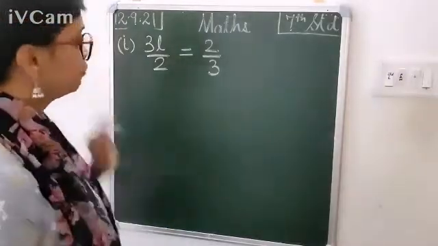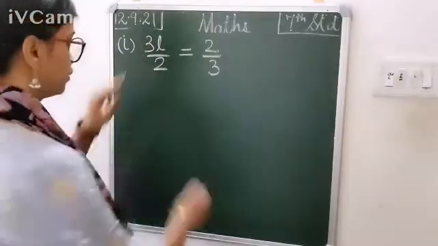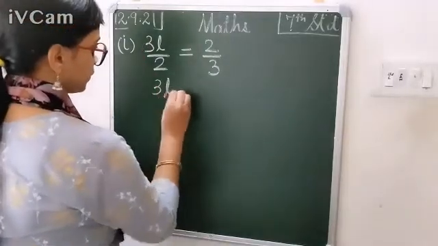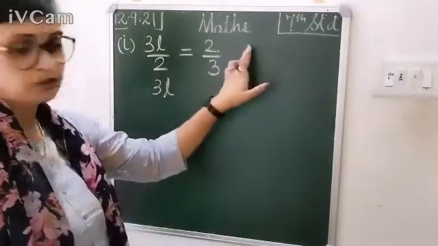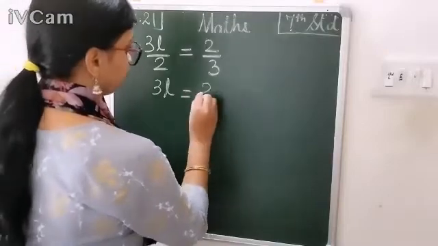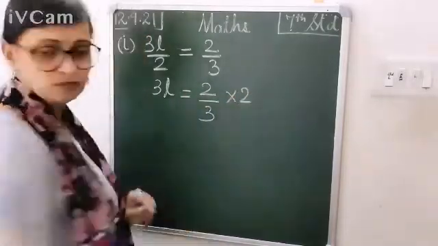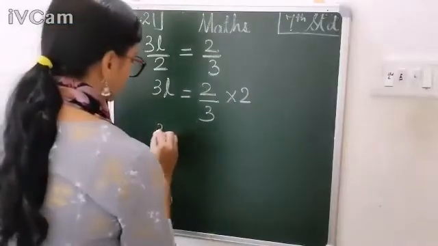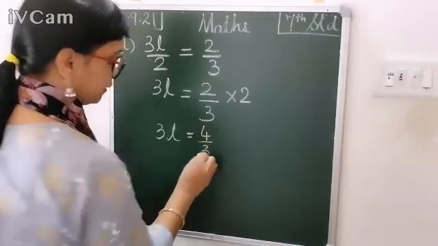Okay, so here we'll move one number at a time. Here you have 3l. 2 is in the denominator, which means when it moves to this side, it will become multiplication, which means 3l is equal to 2 divided by 3 into 2. Correct? So 3l is equal to 2 2s are 4 divided by 3.